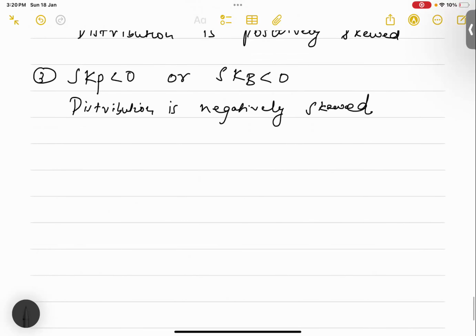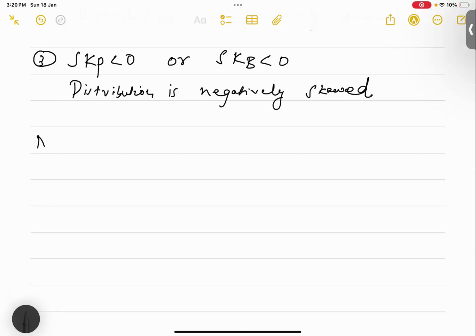Second note, you should remember all these theoretical pointers.